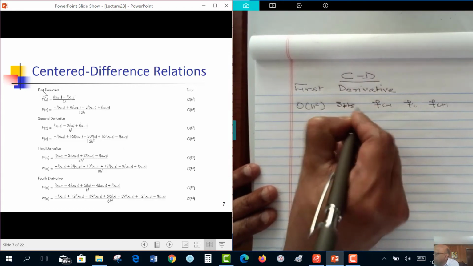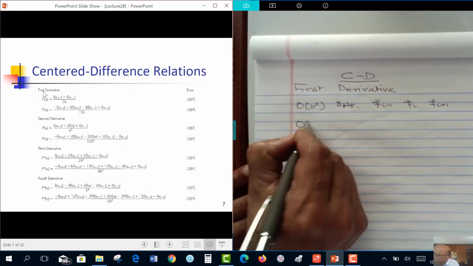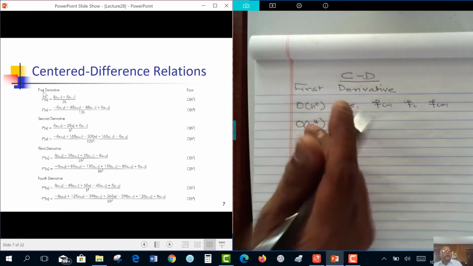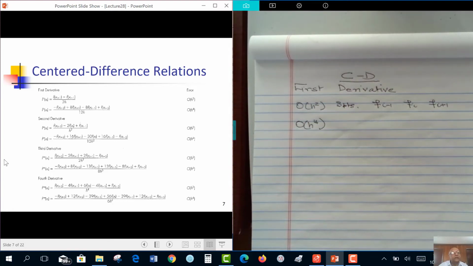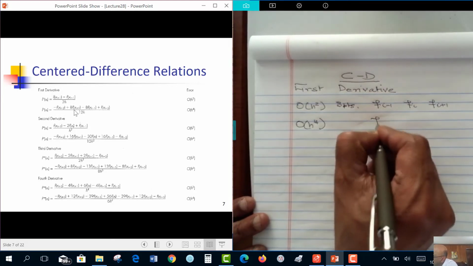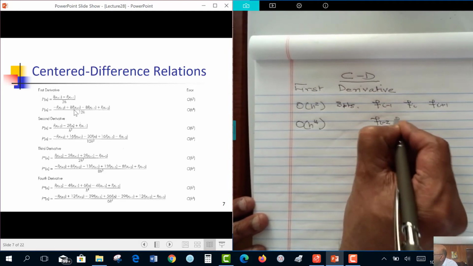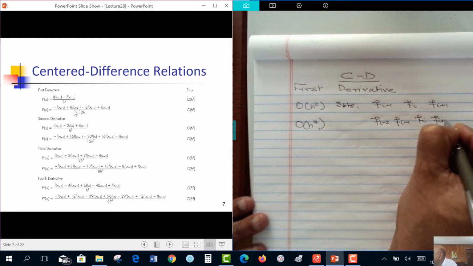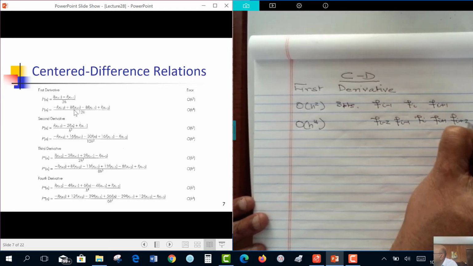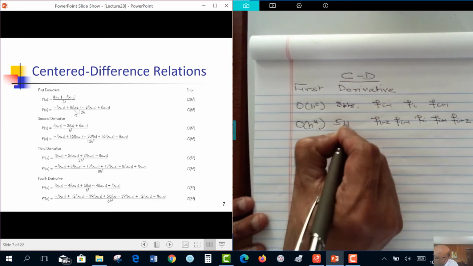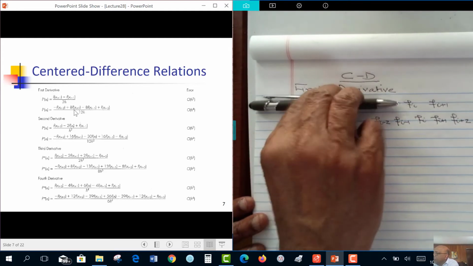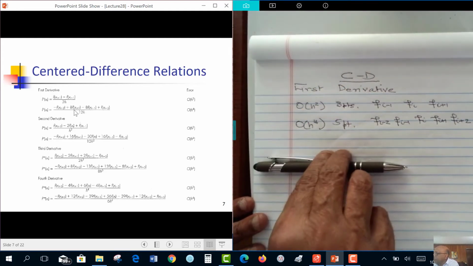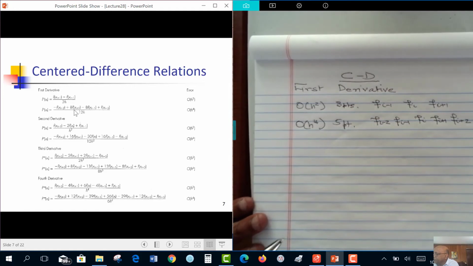So we need to know 3 points. If we go order h4, the order h4 formula for first derivative needs i plus 2, i minus 2, i minus 1, i plus 1, and i plus 2, right? So we need to know 5 points. So every time we go order h squared, order h4, order h6, we add points.